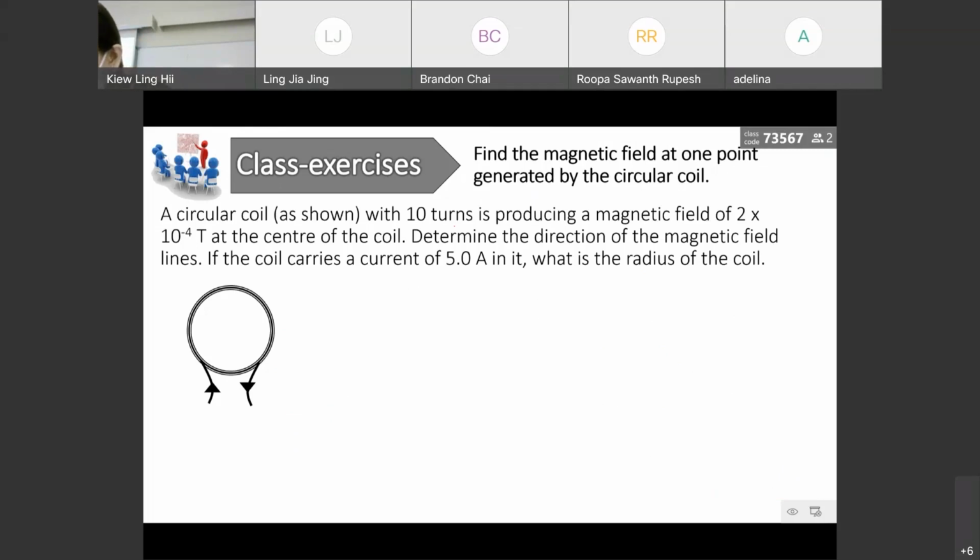Given number of turns is 10, magnetic field 2 times 10 to the power of negative 4 Tesla. The unit for magnetic field is Tesla, the SI unit. Determine the directions and find the radius. Current given is 5 ampere. Since this is a circular coil, use the formula for circular coil. Magnetic field given 2 times 10 to the power of negative 4. Number of turns is 10. Mu naught.